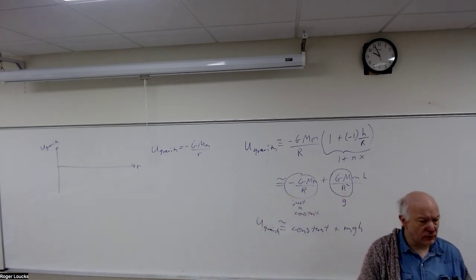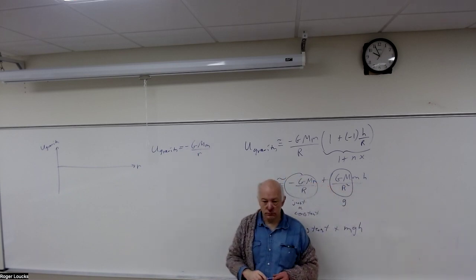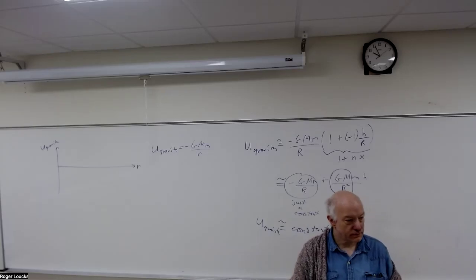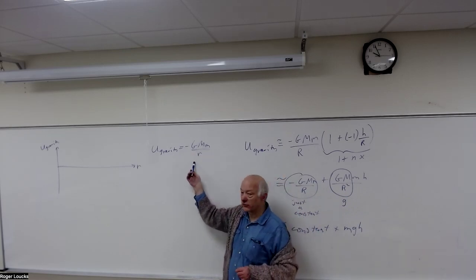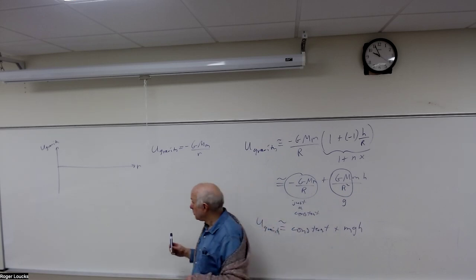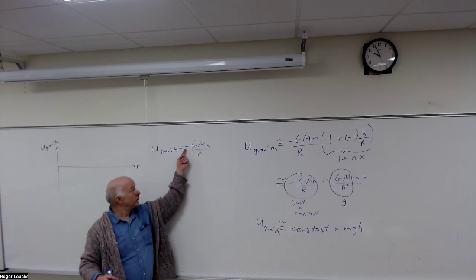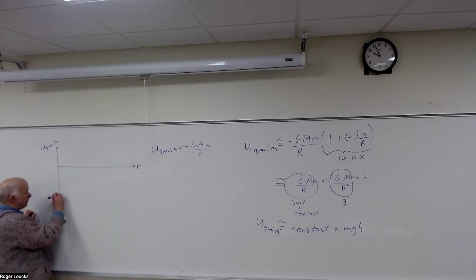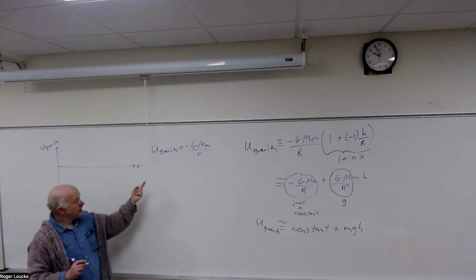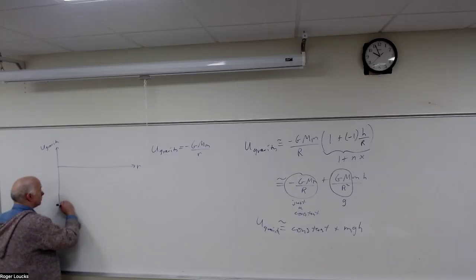We basically have minus a constant over R. What does that look like? Well, if R is small, what is minus something over small? Very good. It's going to be big in the negative direction. If I'm at small values here, this is going to be giant, and with a minus sign, it's going to be really down here quite a bit. As R gets big, what does this do? It gets smaller. So this is going to be something that looks like this.